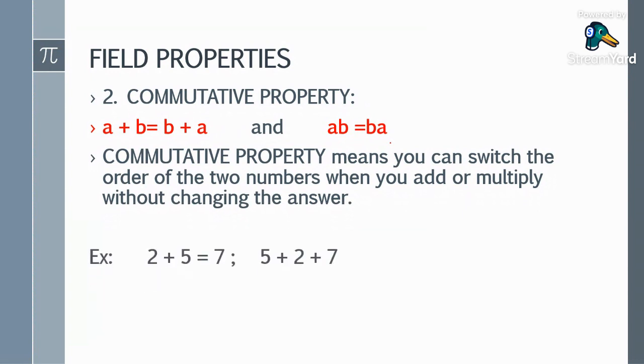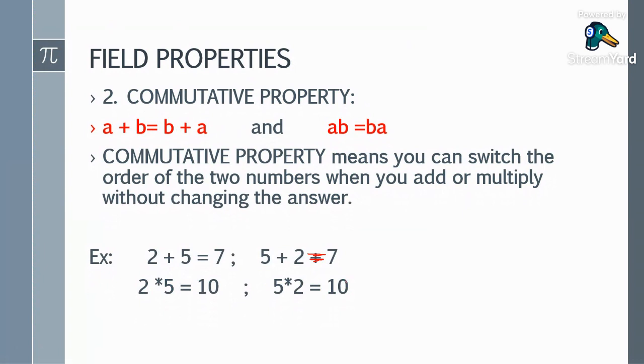So, for example, 2 plus 5 is equal to 7, and 5 plus 2 is equal to 7. Sorry, dapat equal siya, hindi plus. Okay. Next, 2 times 5 is equal to 10, and 5 times 2 is equal to 10.